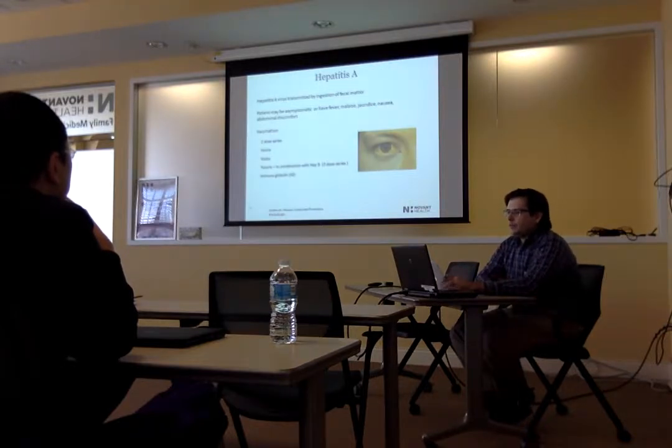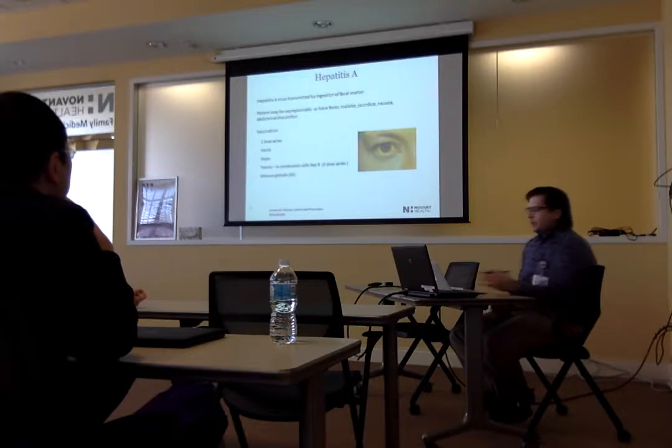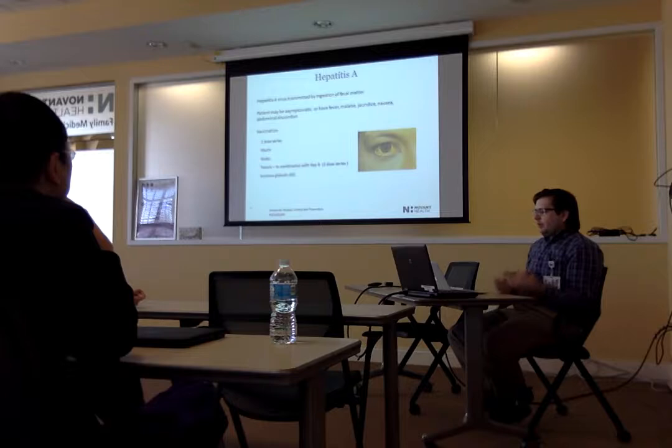Hepatitis A, which I'm sure you're all familiar with. Hepatitis A virus transmitted by ingestion of fecal matter. So this is more commonly seen in the areas with limited access to clean water and inadequate sanitation. So parts of Africa, parts of Asia.